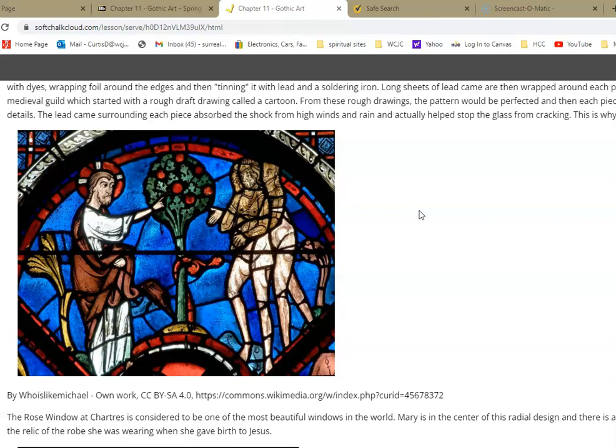I could also state that, of course, we see a tree here with a snake wrapped around it, and a man on one side with a halo around him, and on the other side it looks like two figures. And of course, this is all the formal analysis, what we see. We're not going into the meaning behind it.